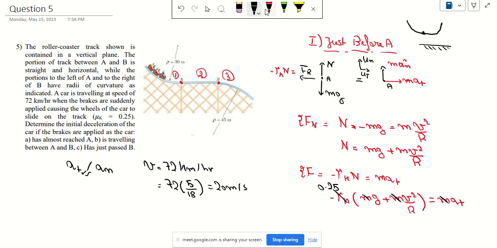So this is 20 squared, and rho here is equal to 30. Everything is okay, so you'll find at is equal to negative 5.78 meters per second squared. And why is it negative? Because we are decelerating.